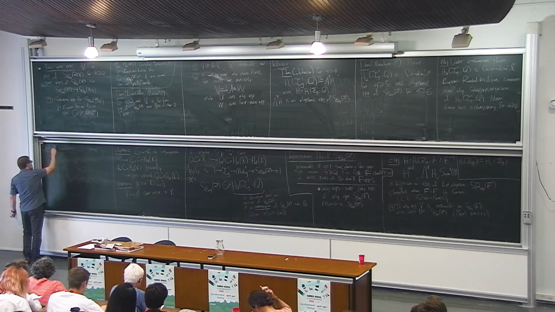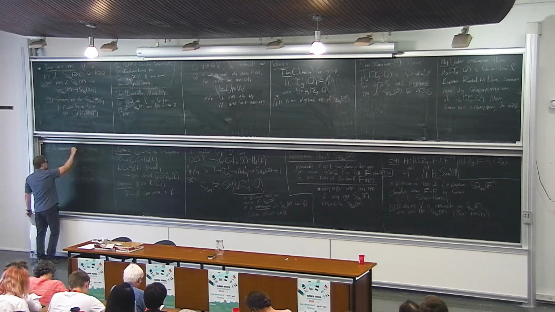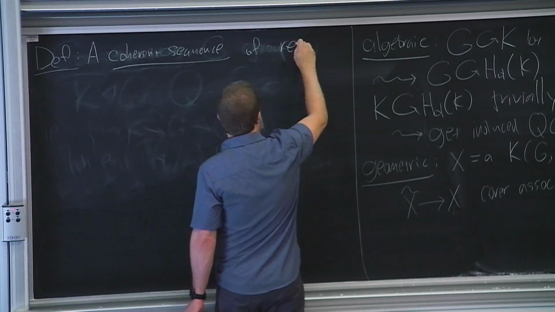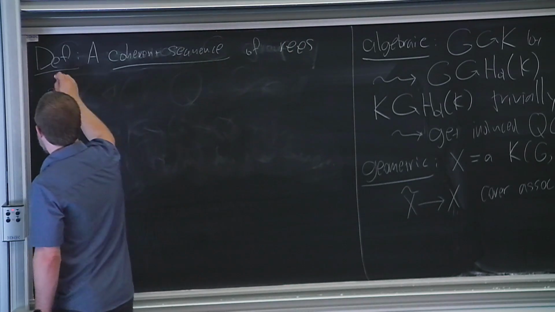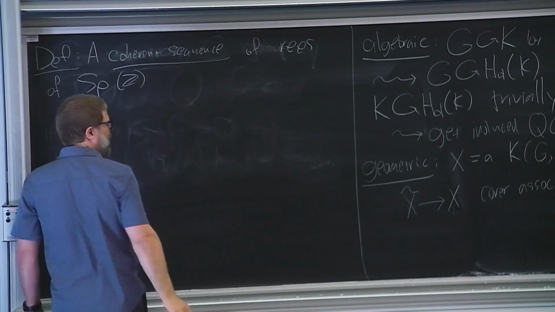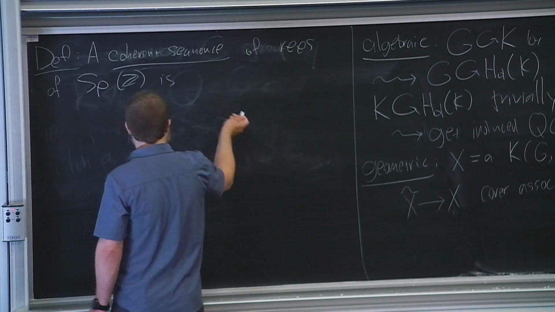A coherent sequence of representations of Sp of Z, I'm not specifying g because g is changing, is a sequence that looks like the following.